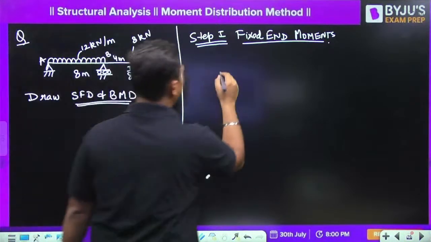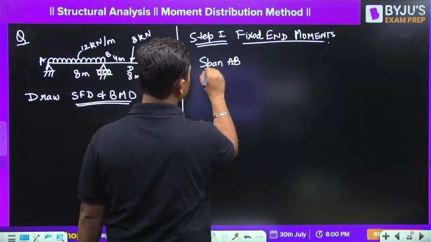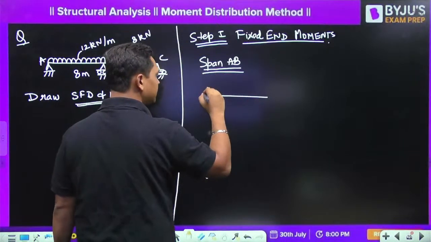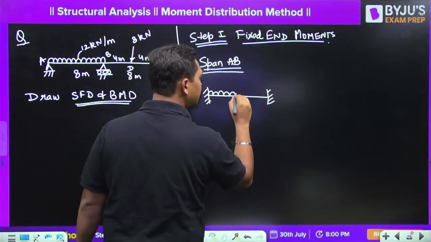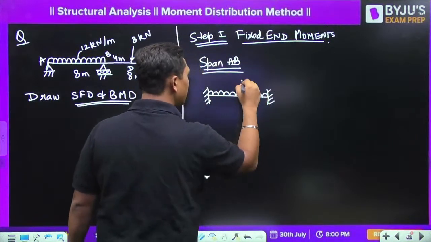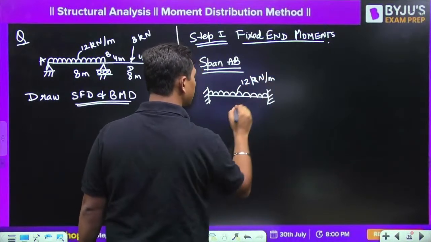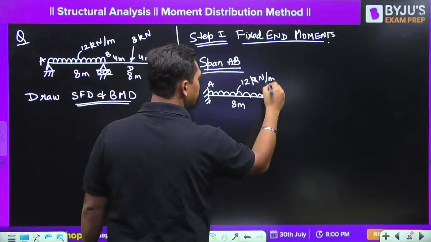So span AB: we are going to make the ends fixed in the span AB, which is subjected to a UDL of 12 kilonewton per meter, 8 meter of length. This is A, this is B.